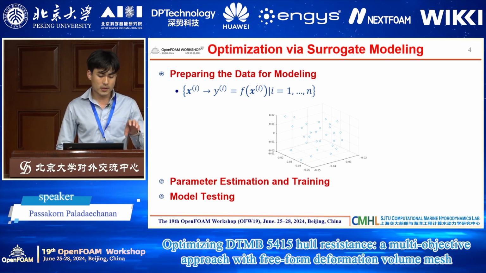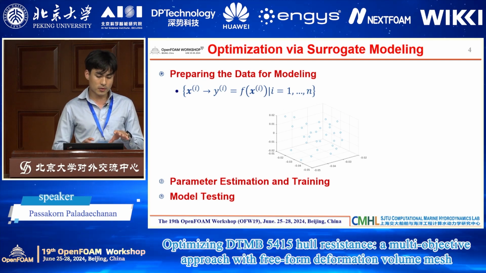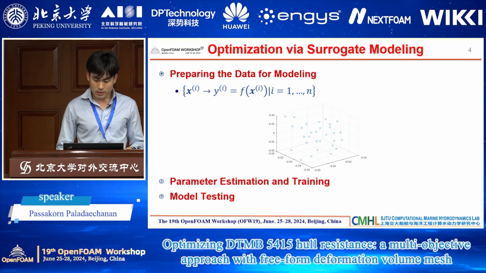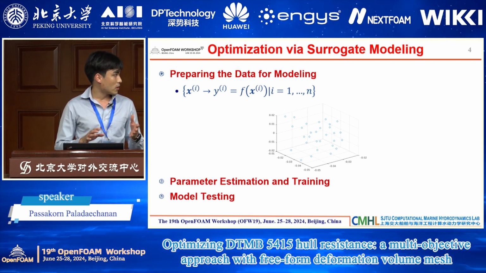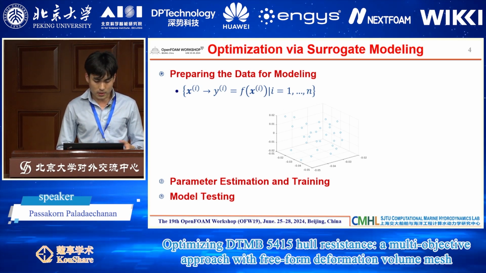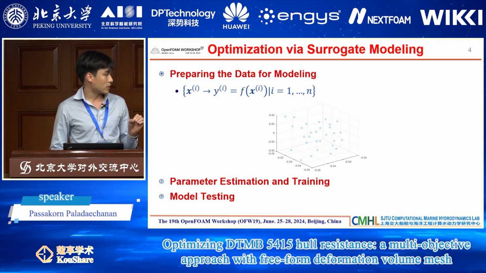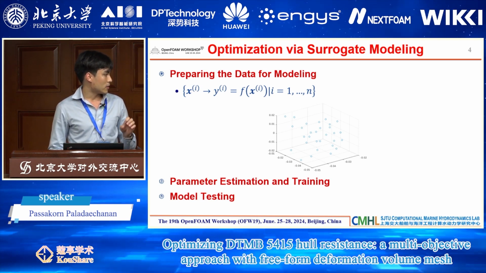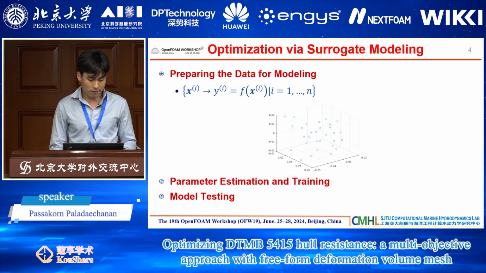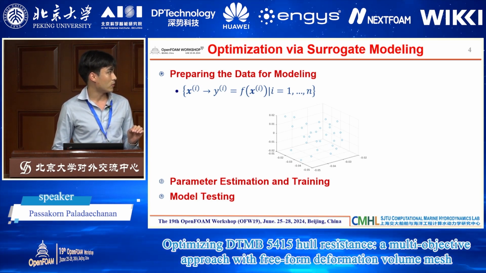So we map the design variable with the resistance, and then we distribute all data in the plan. After that, we estimate the parameters and train. The final approach is testing the surrogate model.